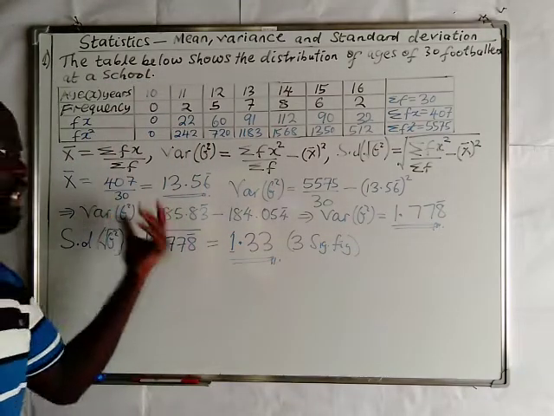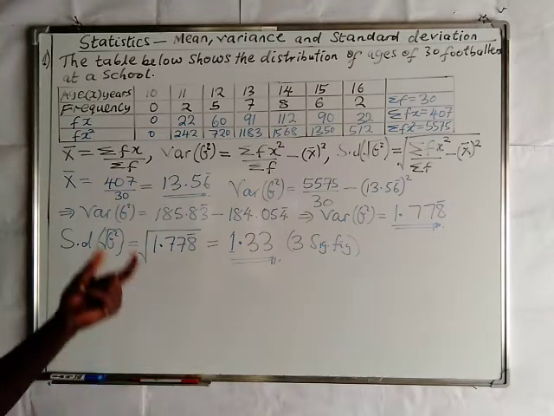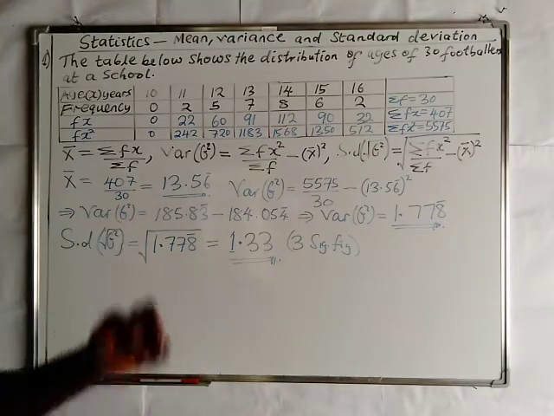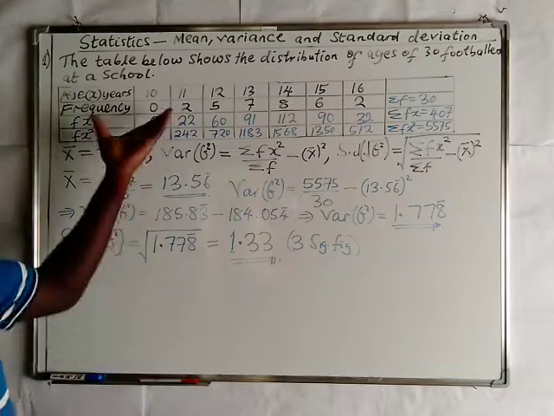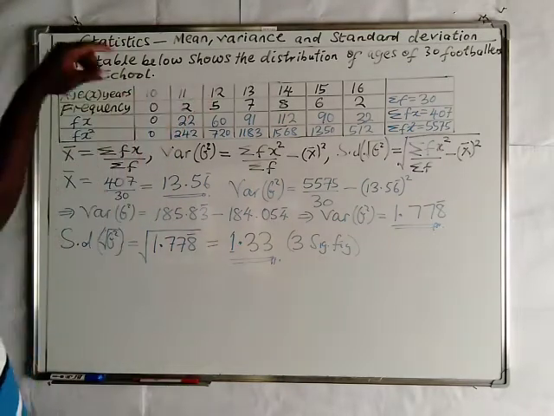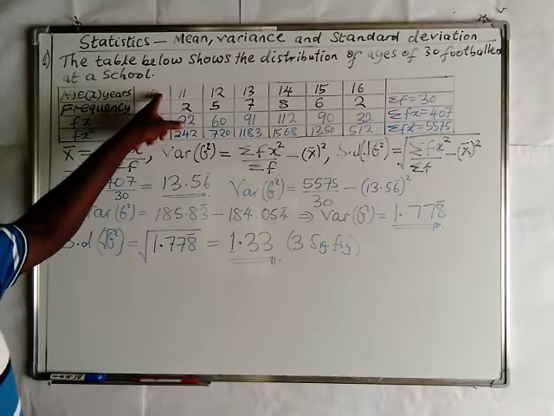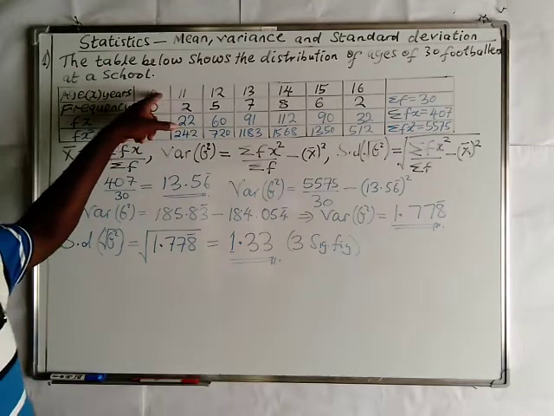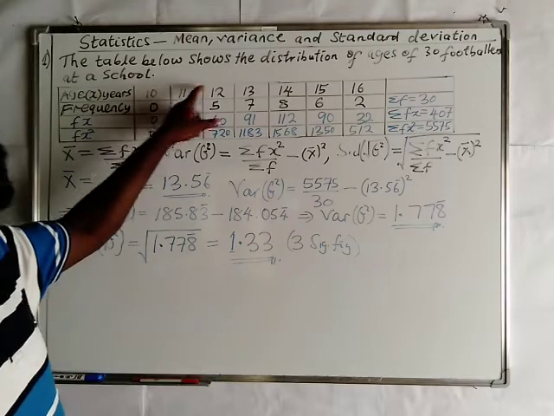So basically, this is how we get the standard deviation, the mean, and the variance of such data. Remember, the only difference here is that the data has not been given in intervals or groups. These are just individual values.